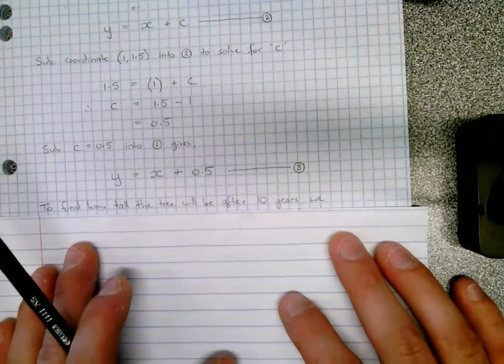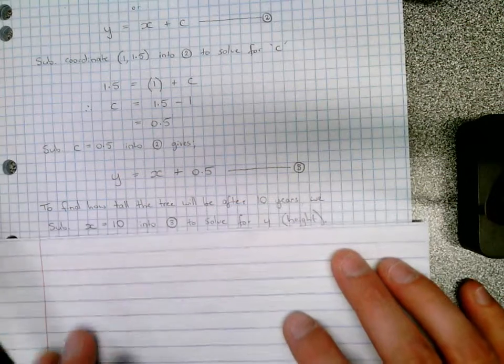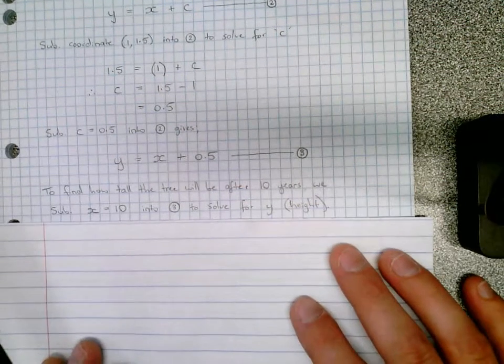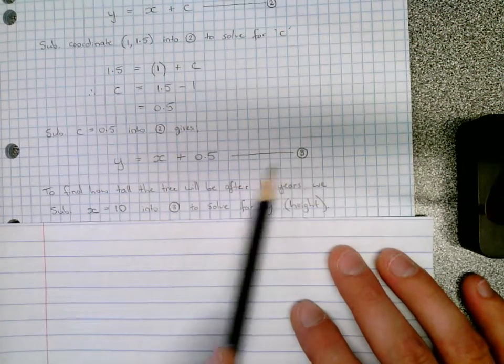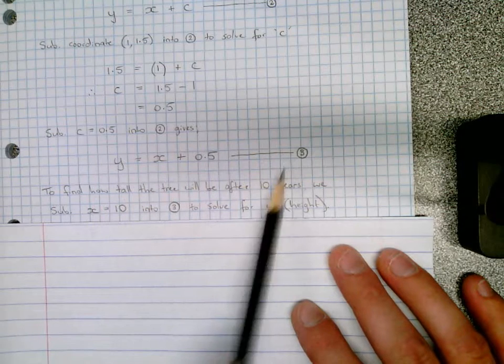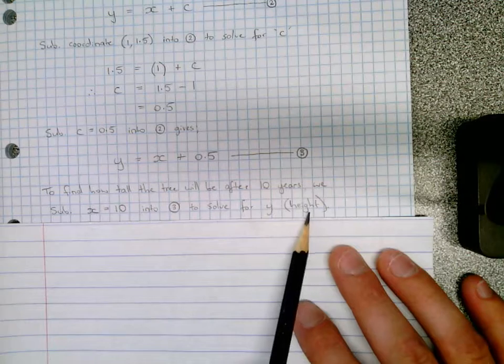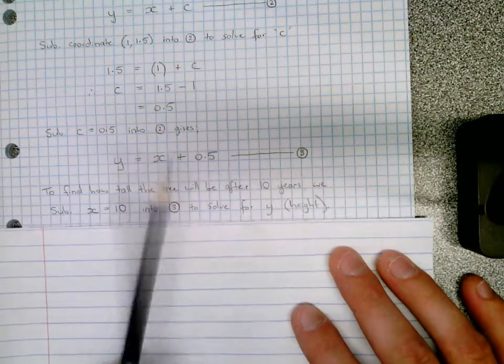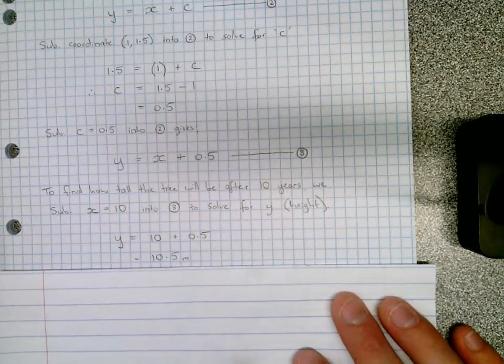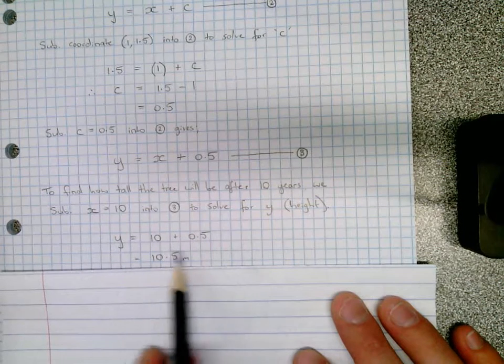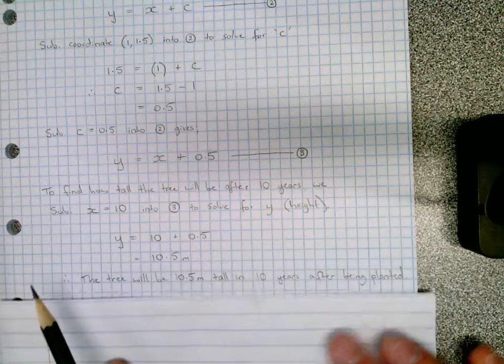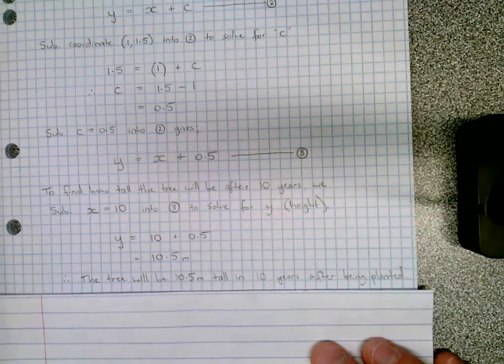So to find how tall the tree will be after 10 years, we substitute x equals 10 into equation 3, our equation for the straight line, to solve for y, which is our height. If we do that, we get y equals 10 plus 0.5, which is simply 10.5 metres. Therefore, the tree will be 10.5 metres tall 10 years after being planted.